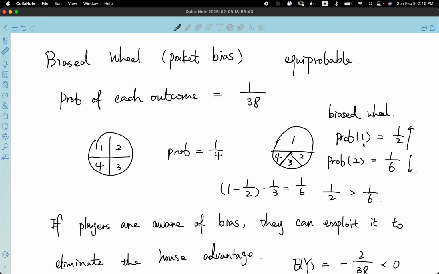And now we're considering a biased case where some of the numbers have a greater probability, and that means the rest of the numbers have a lower probability. Here you can see that 1/2 is definitely greater than the 1/4 under the equal probable assumption, and the remaining numbers have probability 1/6, which is less than 1/4, also under the equal probable assumption. So this is a roulette with 4 pockets.